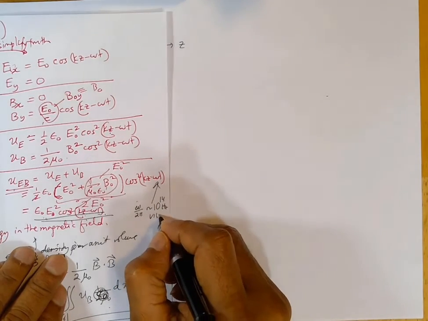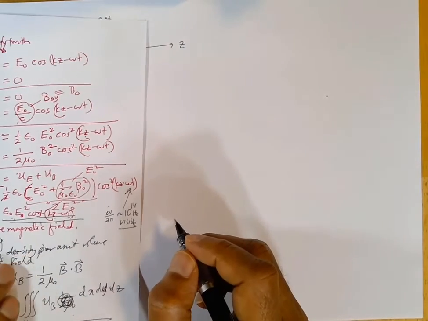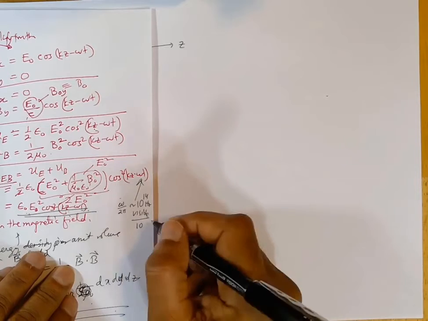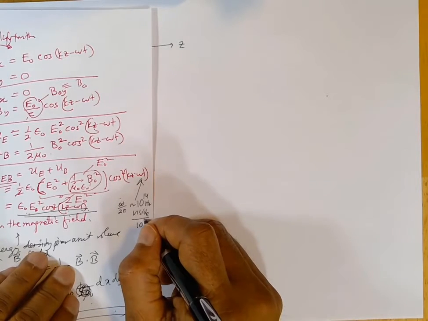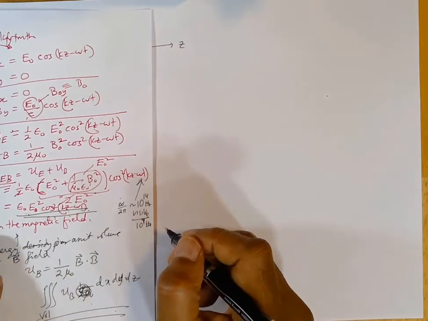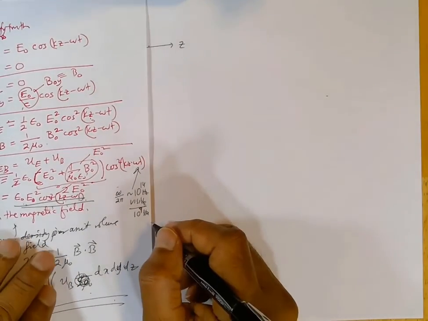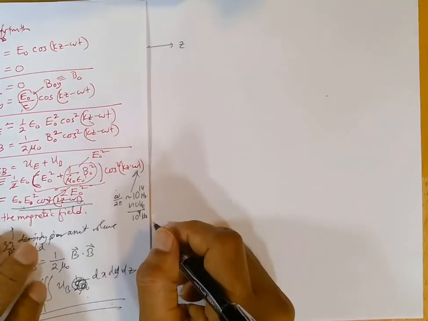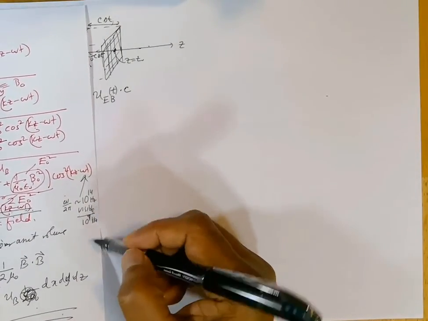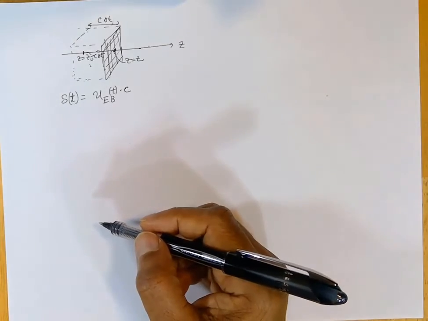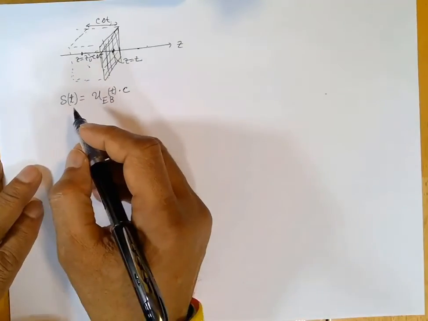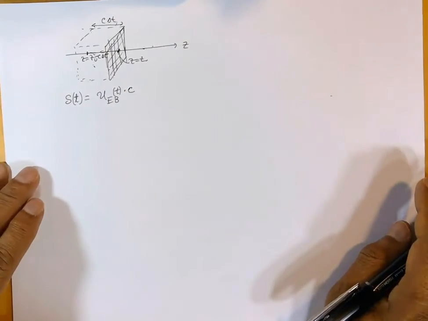Of course, for radio waves it's more like 10 to the power 7 hertz, maybe 10 megahertz or 100 megahertz. So these are very fast fluctuating signals, and what you want is a time average, and that is what's called intensity.